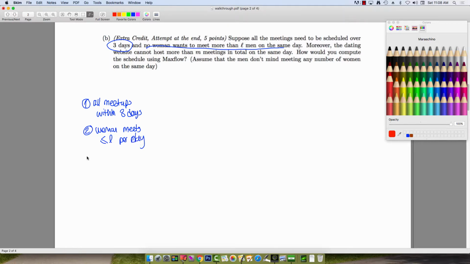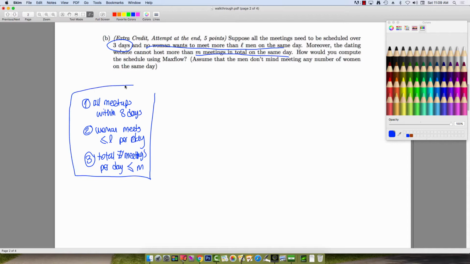And the last thing is that we want to cap the total meetings per day with M. So the total number of meetings per day is going to be capped with this M. So we will have to figure out how to adjust our answer from part A to reflect all of these changes. Okay, so let's start the simple case again.